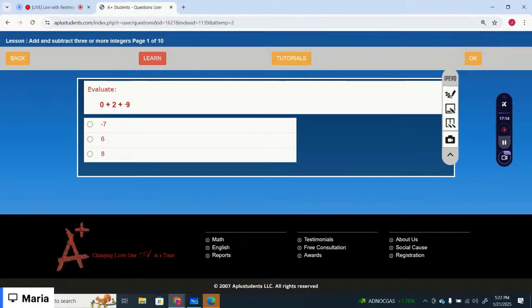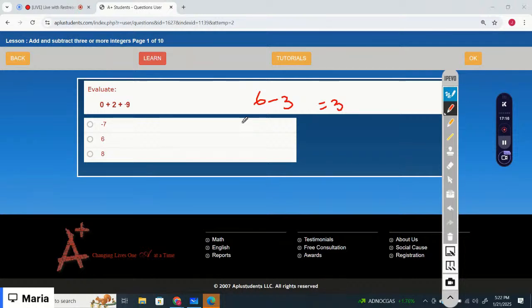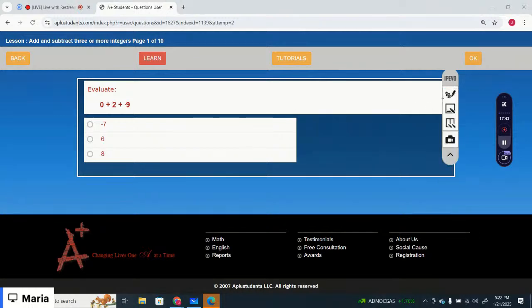Which is the correct option? Adding a negative number is the same as subtracting. 2 minus 9 is negative 7. Option number 1 is the correct option.